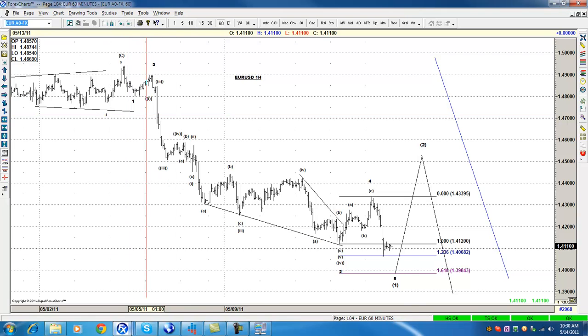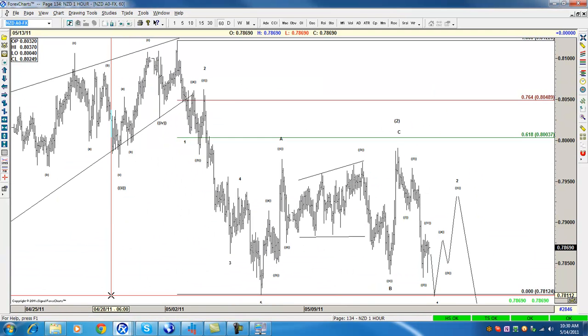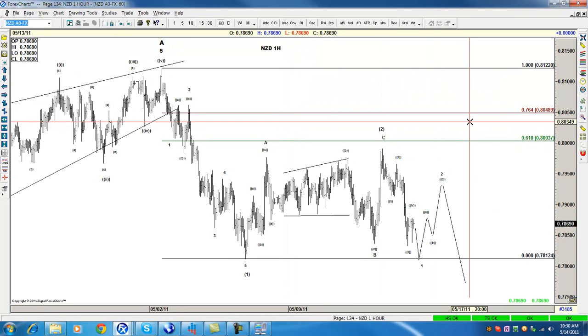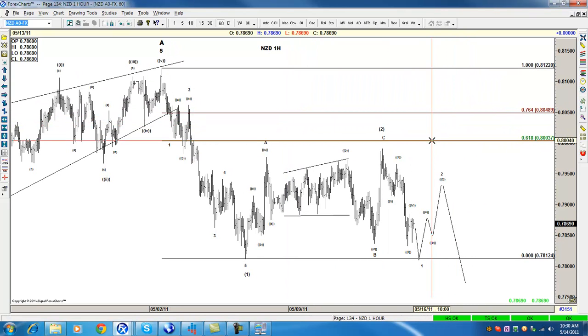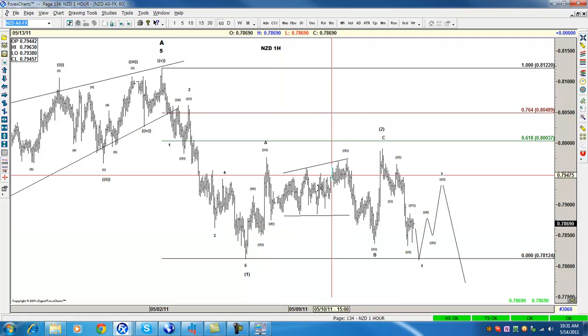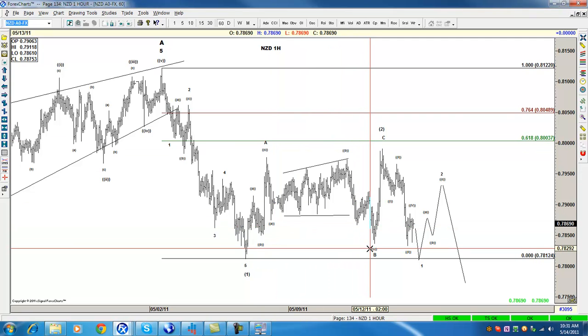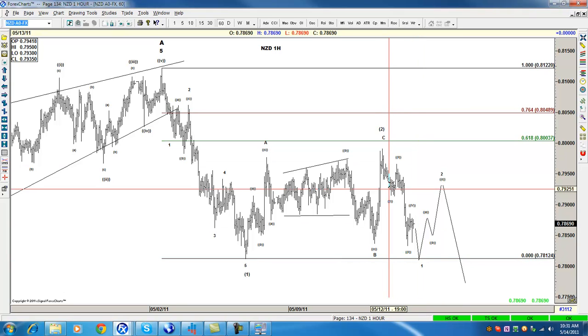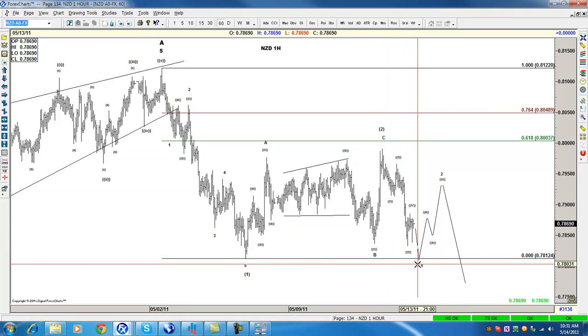Alright, now let's move on to more pairs. This is the New Zealand. As you guys know, we were waiting here to sell it. The New Zealand can be doing it like A, B, C, A, B, C, B, and then this being the same scenario, this being wave 1 or wave 3.